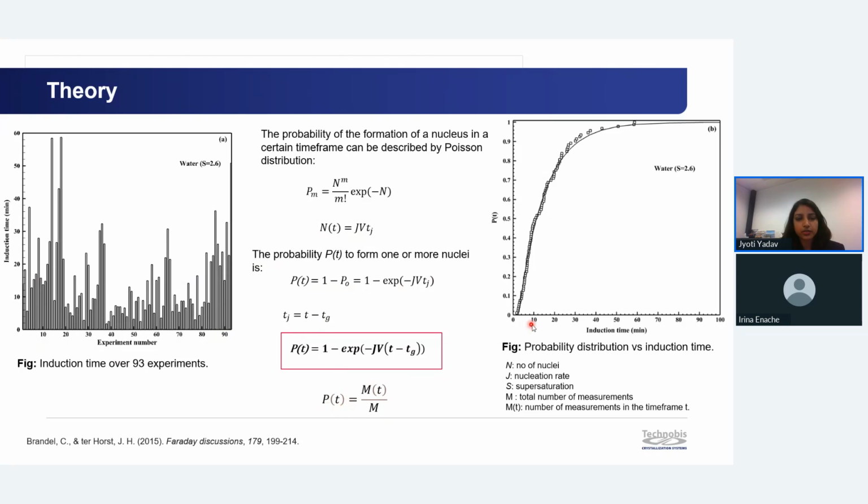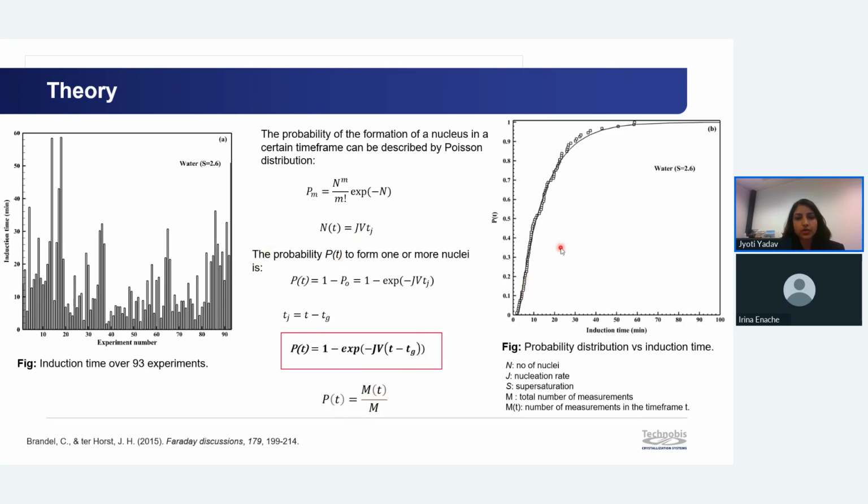For example, if we are calculating the probability corresponding to 10 minutes of induction time, M is the number of times the induction time was less than 10 minutes. If it is 25, then 25 upon 93 gives the probability for the time frame of 10 minutes. Similarly, the instrument calculates the probability for each time frame and fits this equation.